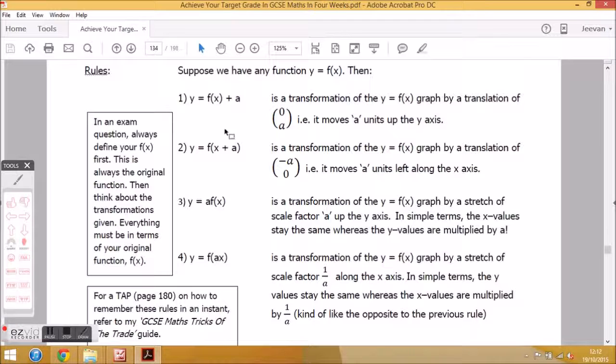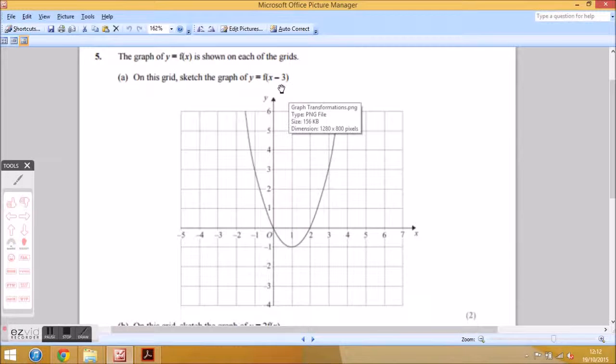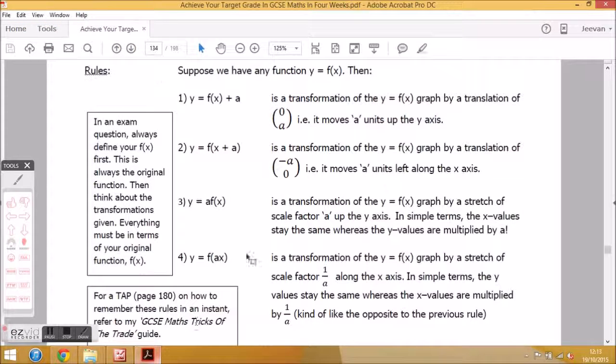If we have something like this where the transformation is inside the brackets, as you can see here, this minus 3 is inside the brackets, then it only affects the x values. If you have a look at the second rule and the 4th rule, you notice the change happens inside the brackets.